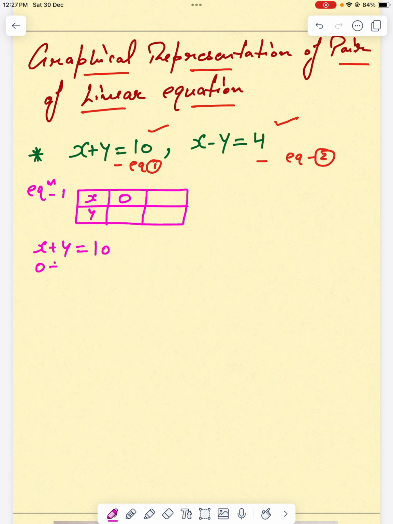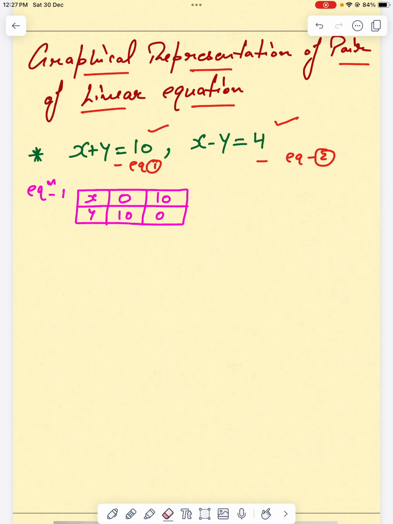If we put x equals 0 in the equation, you will get the value of y is 10. Similarly, in the same equation, I assume the value of y is 0. So what will be the value of x? It will be equal to 10, right?